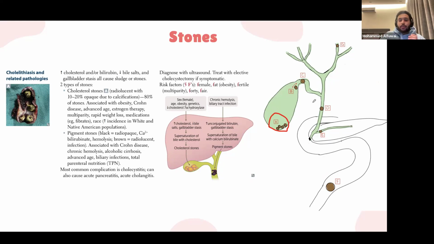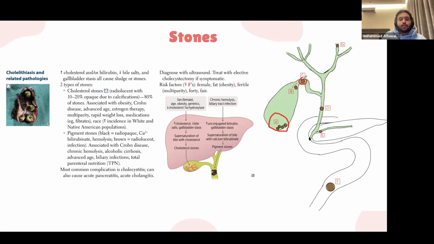Good. How about this manifestation over here? It obstructs the cystic duct. The patient would have right upper quadrant pain, fever, leukocytosis, inflammation. Exactly, cholecystitis. Good. What physical sign will they have of cholecystitis? To give you a hint on the description, exactly, good.